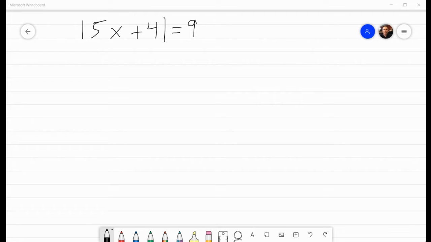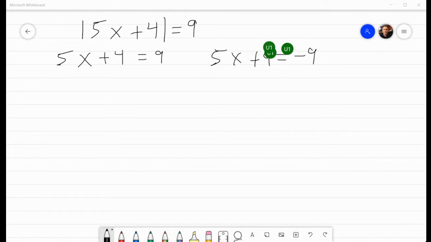The first equation is 5x plus 4 is 9. The second equation is 5x plus 4 is negative 9. Those are two equations that we have to solve.